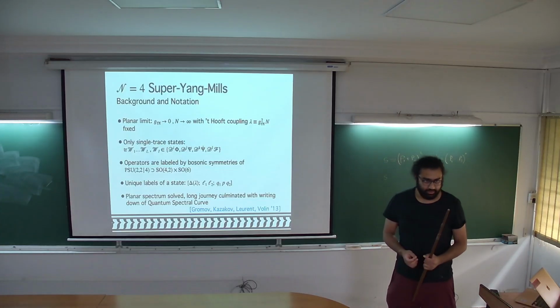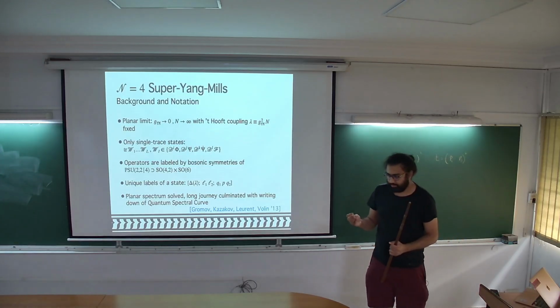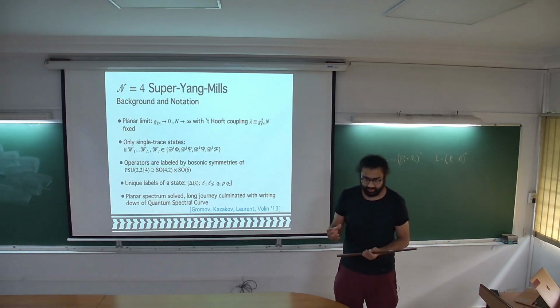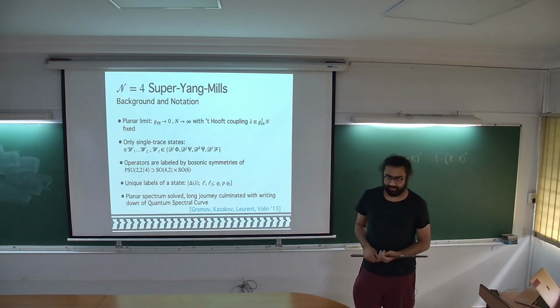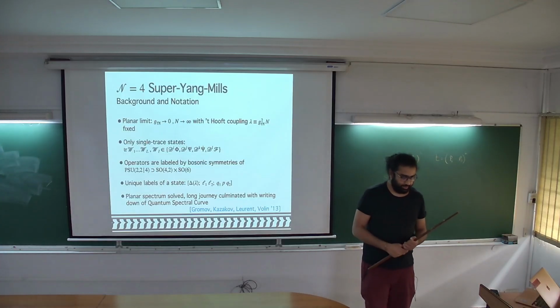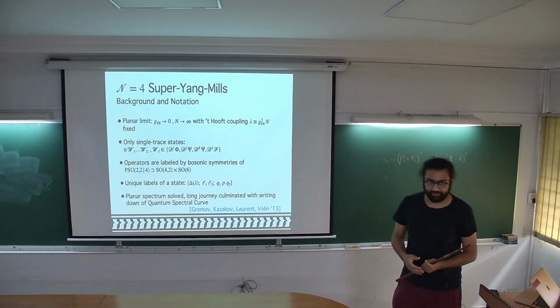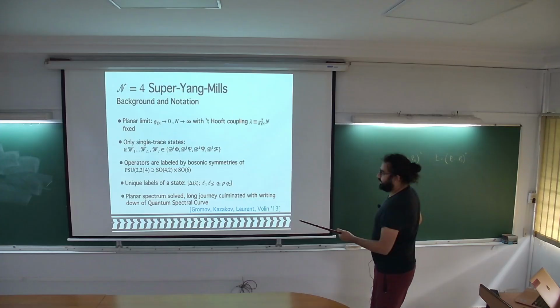Now again, as there was some discussion in the previous talk, when you take large N, what happens is you have factorization, and as a result, all you need to consider are single trace operators, where the trace is over the gauge group. These single trace operators look like this.